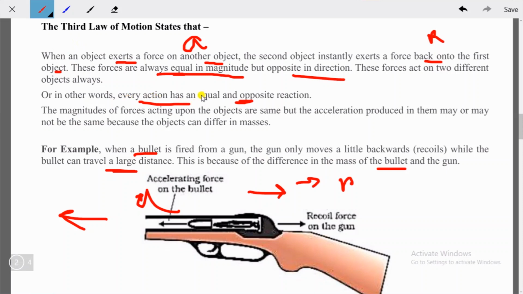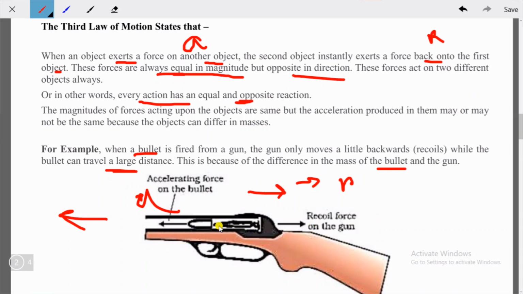So I hope you are understanding. The magnitudes of force acting upon the objects are the same, but the acceleration produced in them may or may not be the same because the objects can differ in mass. In this example, you can see this bullet, after firing, goes very far, but the movement of the gun is very little in comparison with the movement of the bullet.